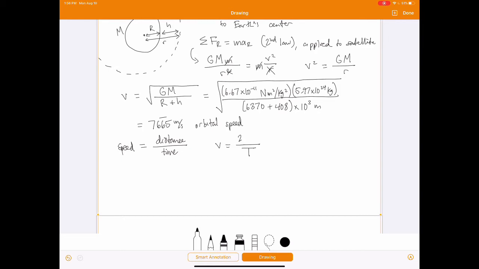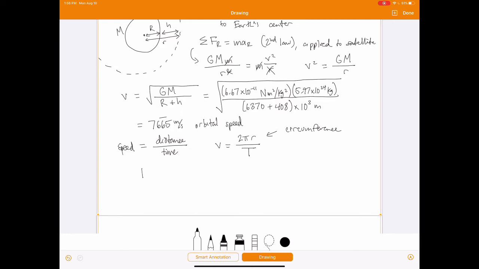What is the distance that corresponds to one period? Well, it's 2 pi times the radius. In other words, it takes one period to go in one full circle. This is a circumference. That's how far it's traveled, is the circumference.